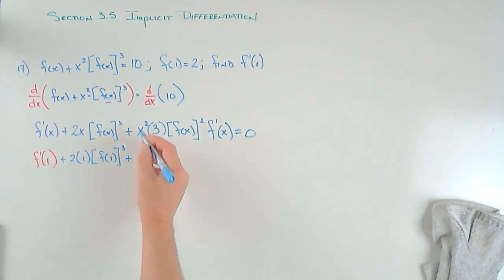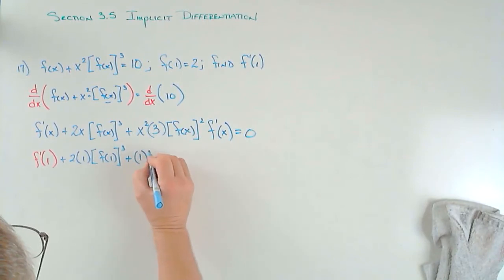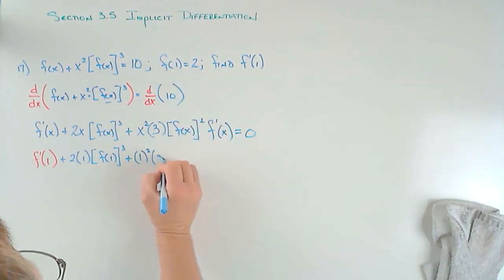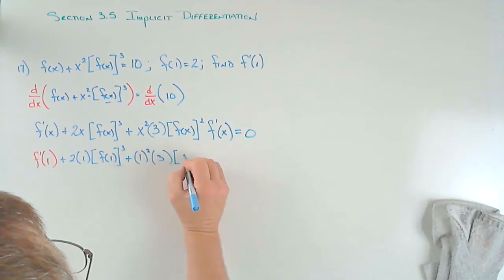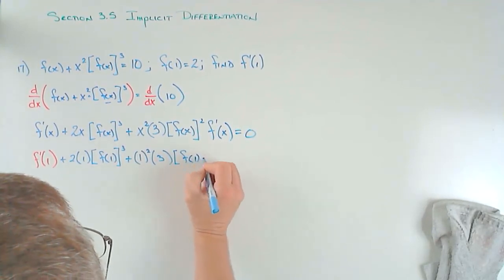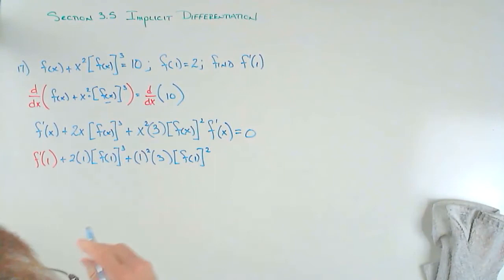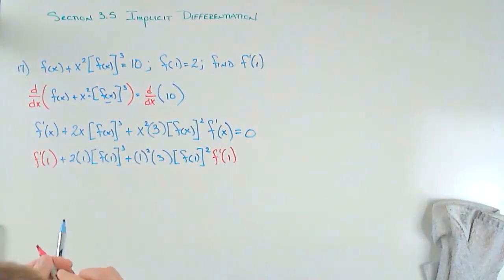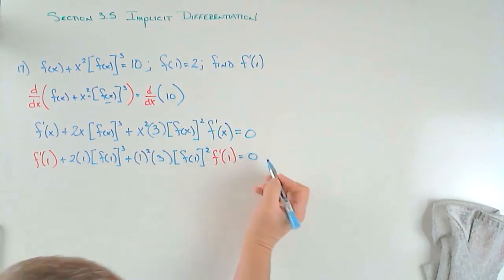We'll do that in the next step. So here we have 1 squared, x is 1, then we have 3, and then here we're going to have f of 1 squared, and then here we're going to have f prime of 1, and that's going to equal 0.